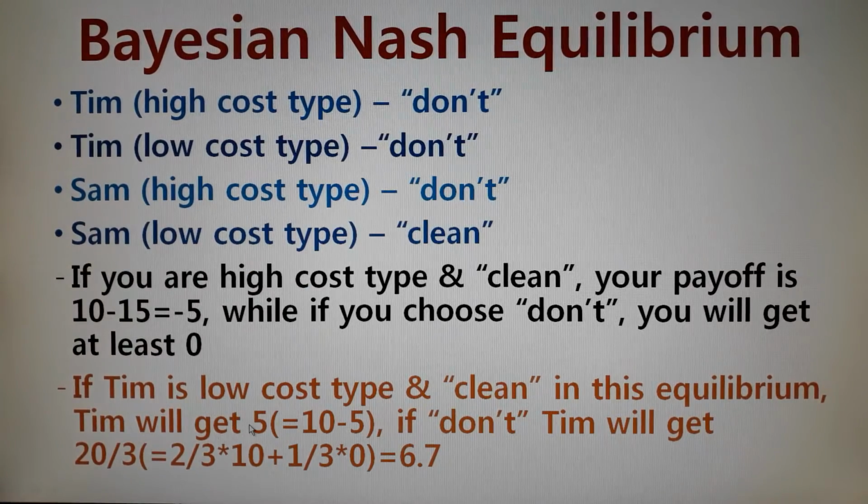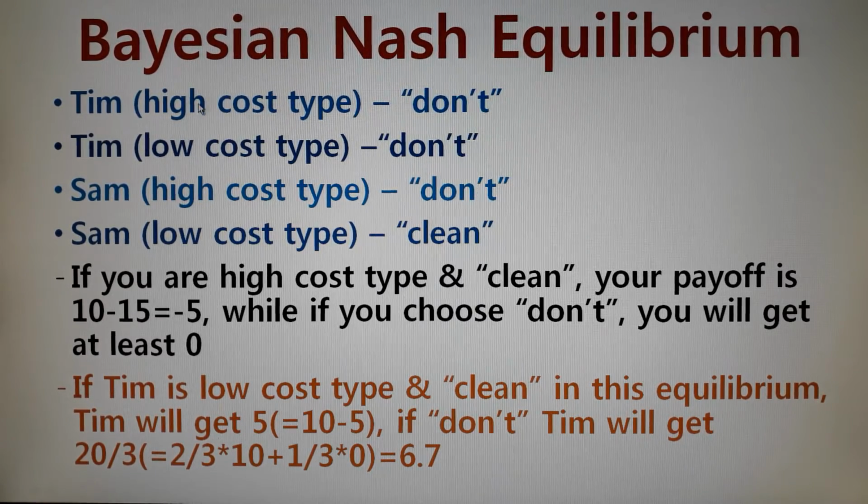So we are going to compare Tim's payoff 5 when Tim cleans it, and Tim's payoff 2/3 multiplied by 10, 1/3 multiplied by 0, which is 20/3, approximately 6.6666. Which is bigger? 6.7 is bigger than 5. That's why Tim is not going to clean it.